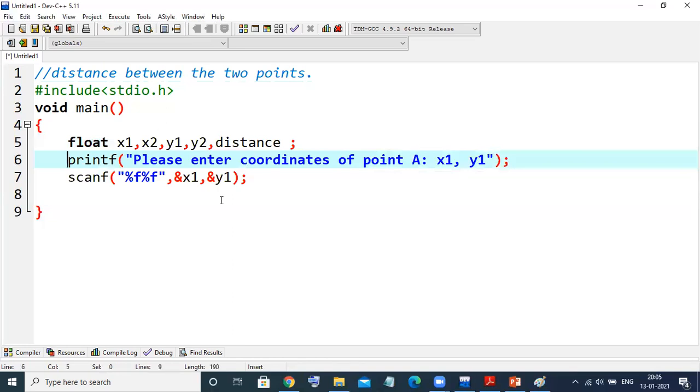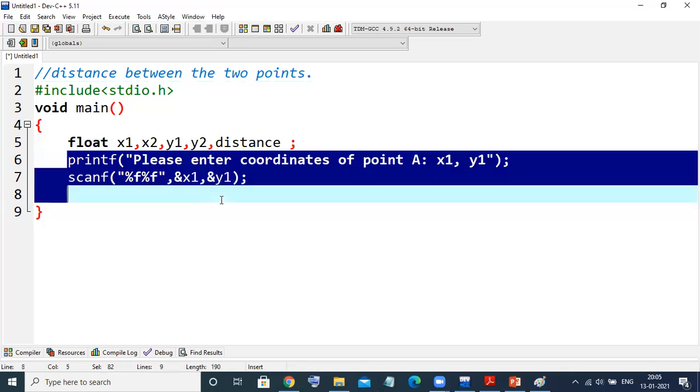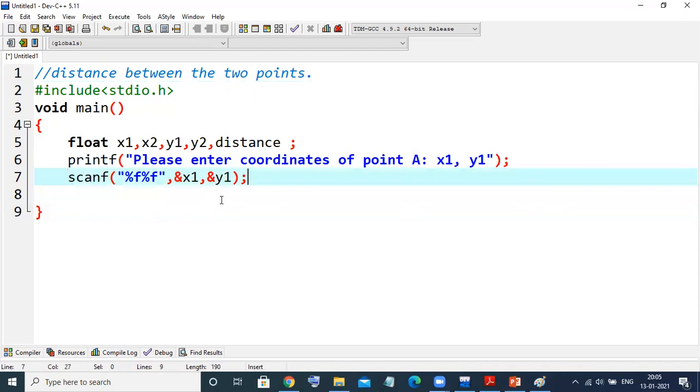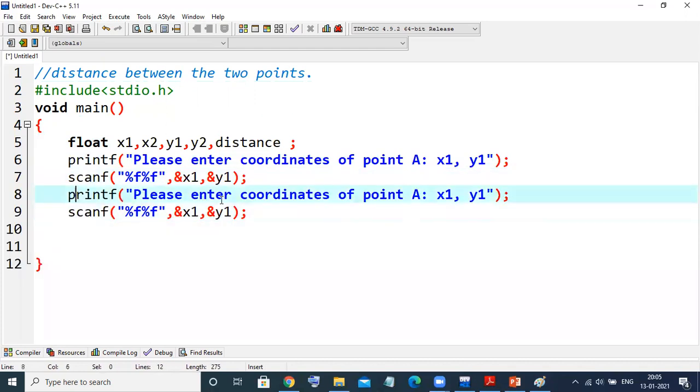I can take these two things, copy, and paste here for the coordinates of point B. So this would be x2, this would be y2.